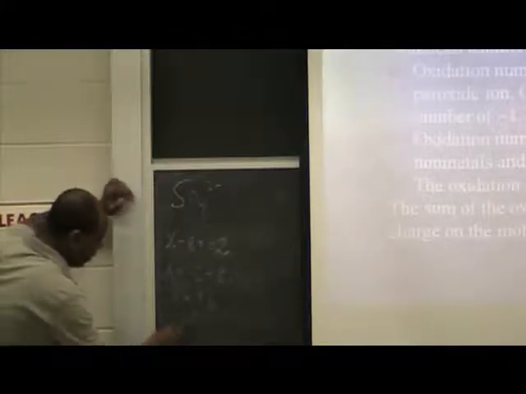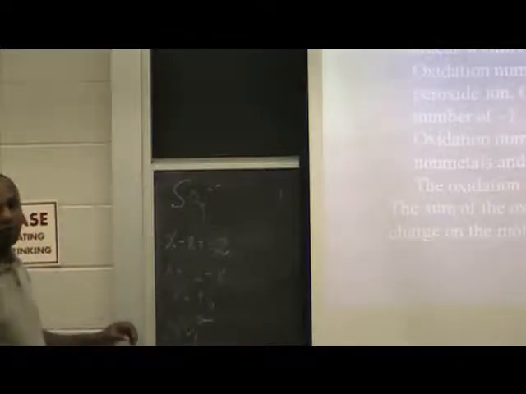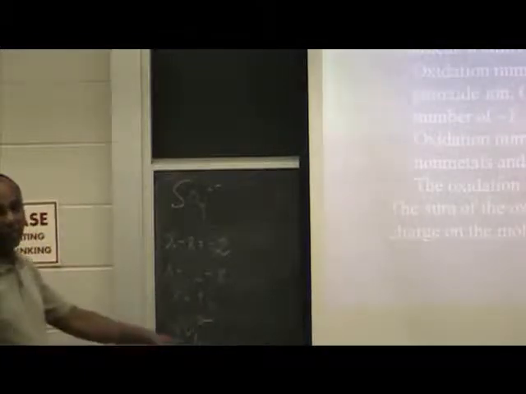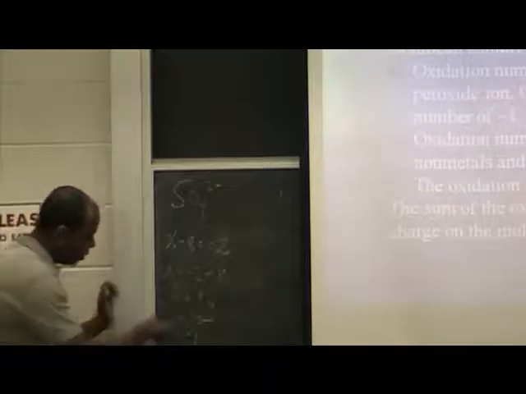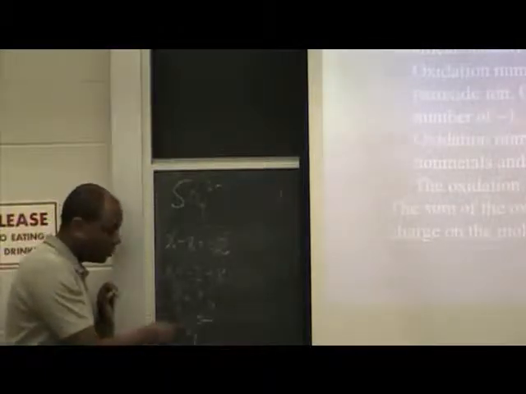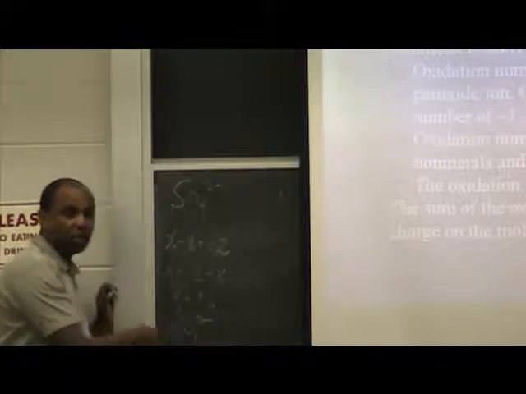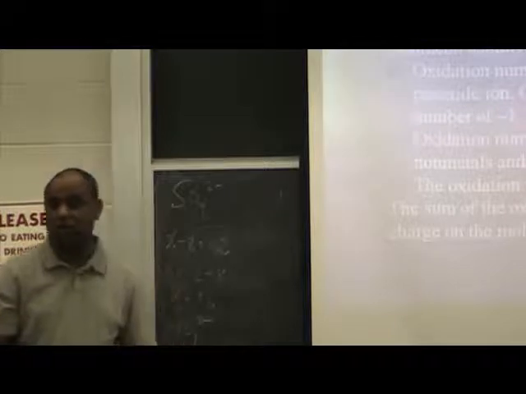And for example, we have PO4 3 minus. It's a polyatomic ion. What's the name of the phosphate ion? We want to know the oxidation number of phosphorus. We don't want to bother with oxygen because we know oxygen always has an oxidation number of minus 2.